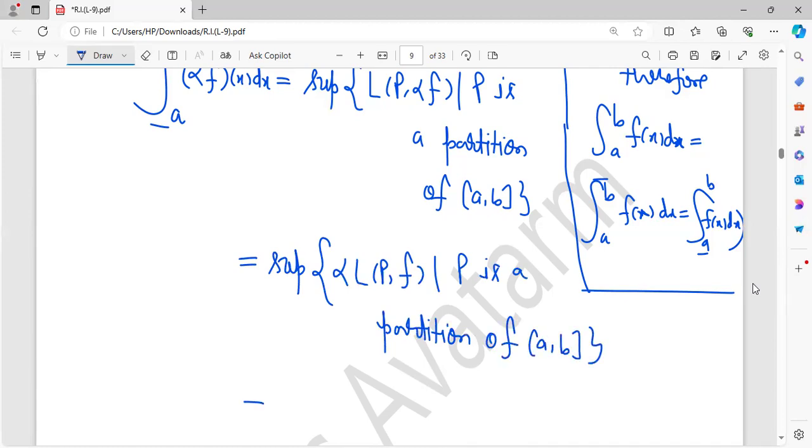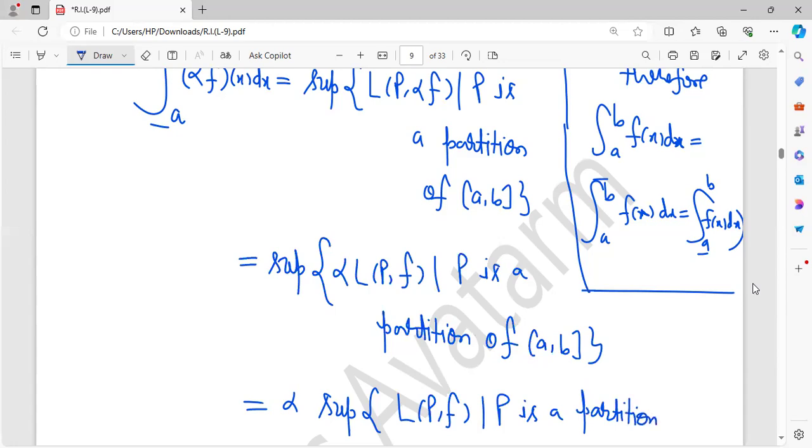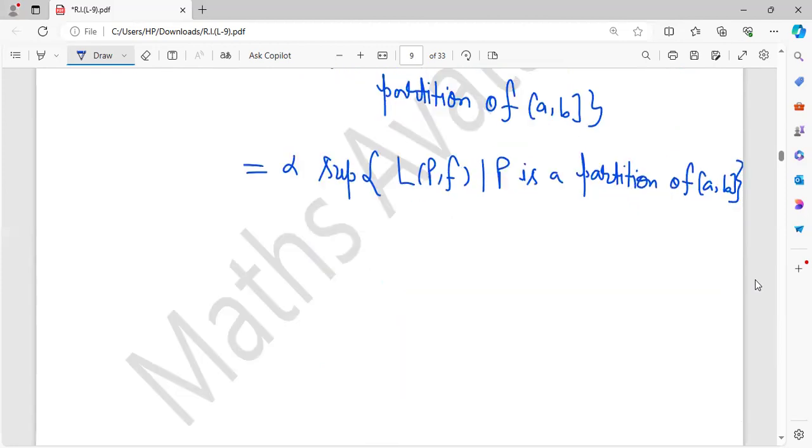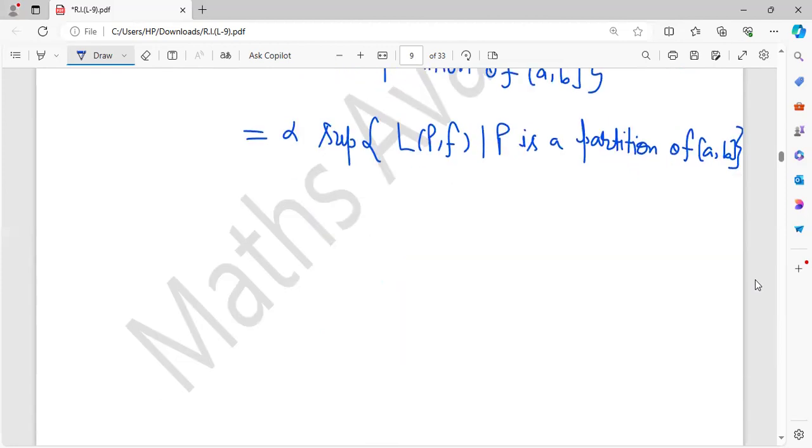But alpha will come out. This is the supremum of L(P, f), which is nothing but the lower integral of f.